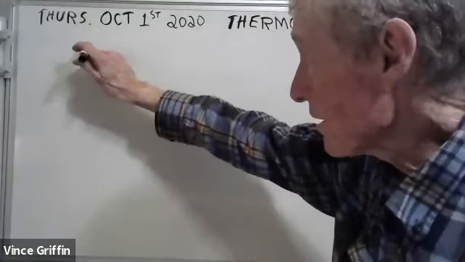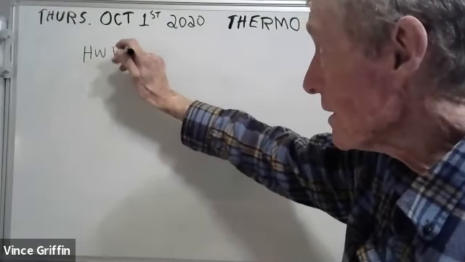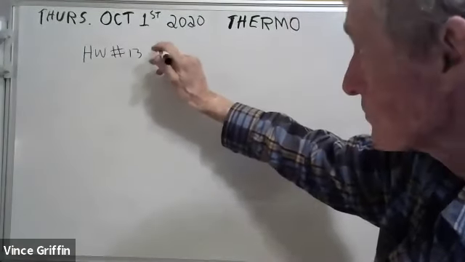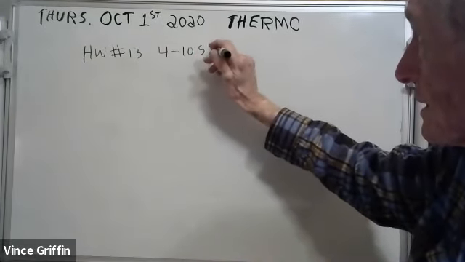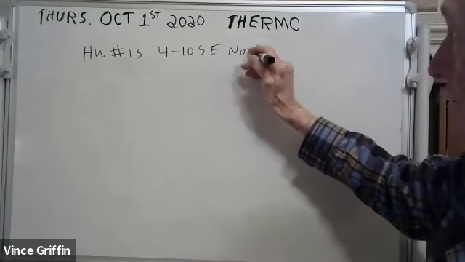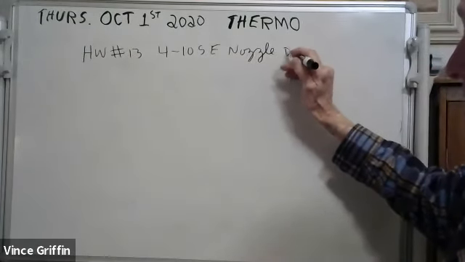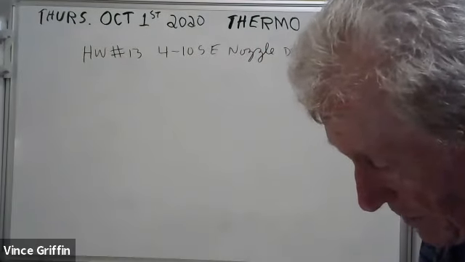What Mohammed's talking about is the homework assignment number 13. It's 4105E. It's a nozzle. And it's due Sunday.